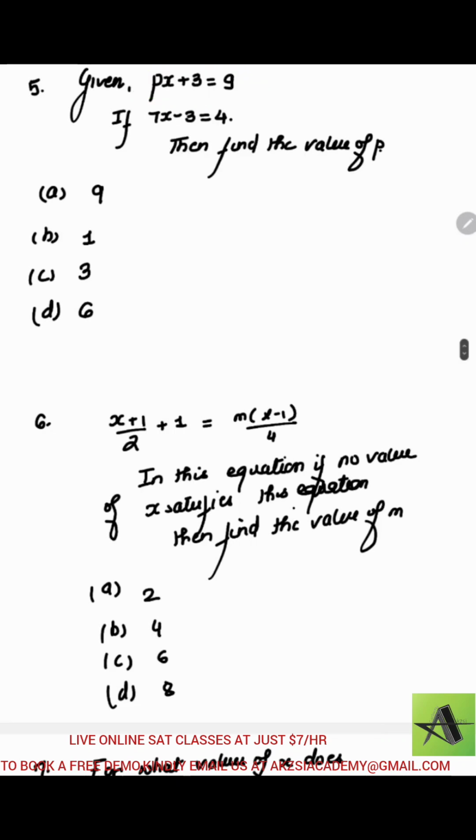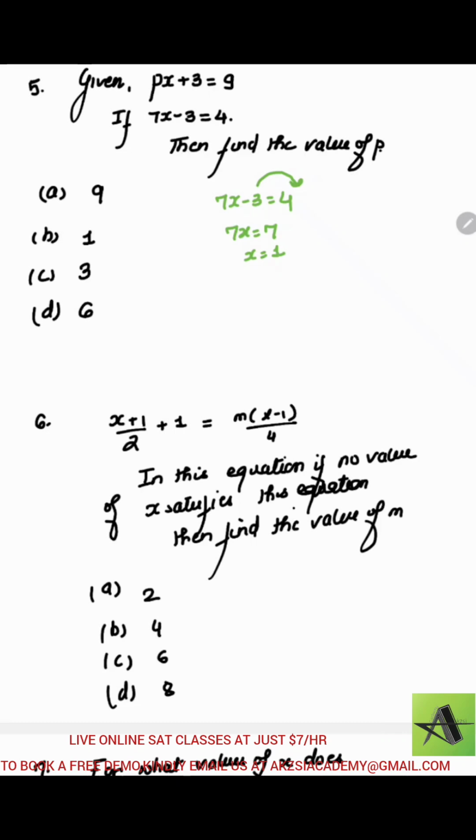For that, I have to solve the second equation, 7x minus 3 is equal to 4. Now transpose, and while transposing, we always change the sign. 7x is equal to 4 plus 3, which is 7, and x is equal to 1.